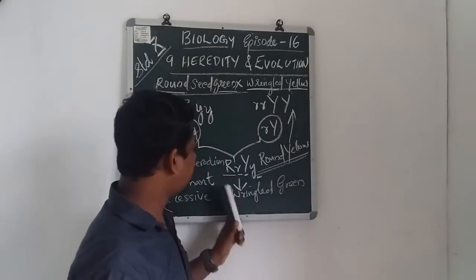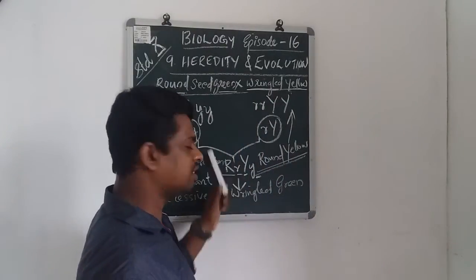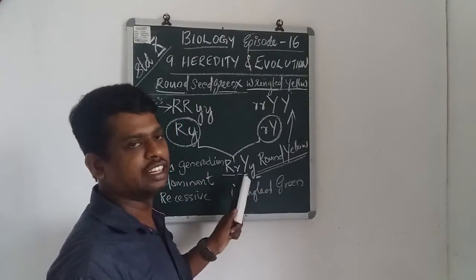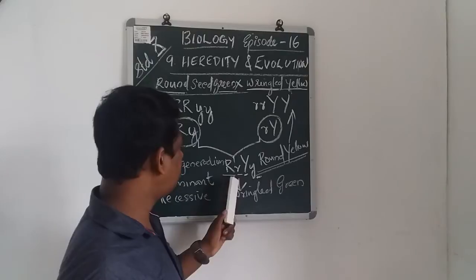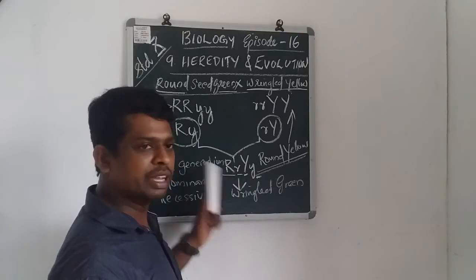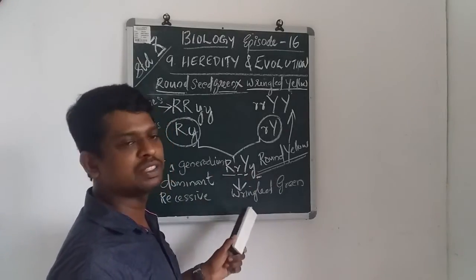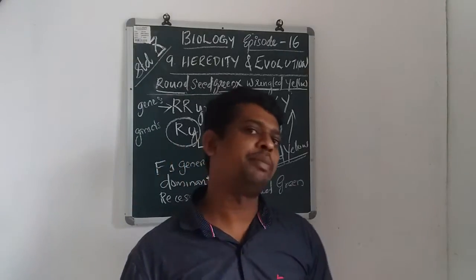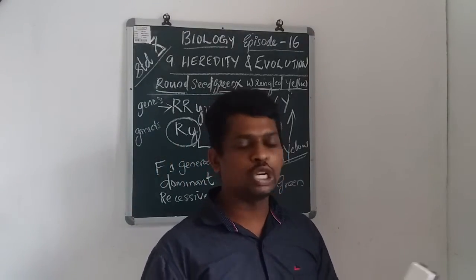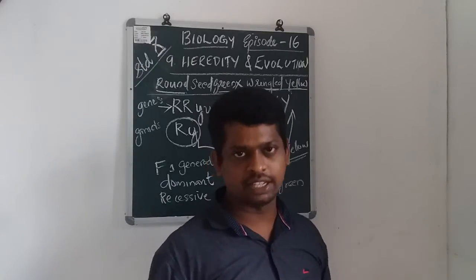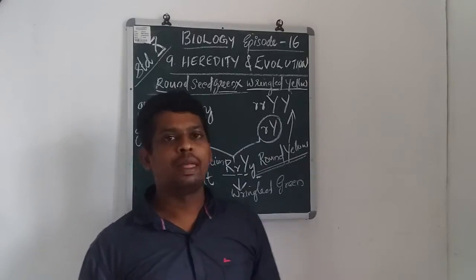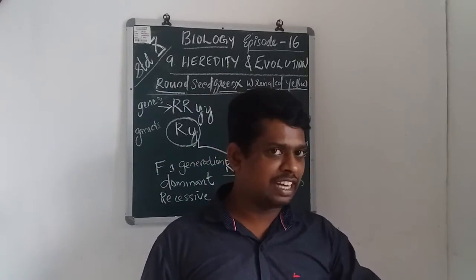Look at this: no mixing with each other. They develop independently. Round will not mix with wrinkled, and the characters stay the same. That means they are situated in an independent manner. According to Mendel, that law is known as independent assortment.